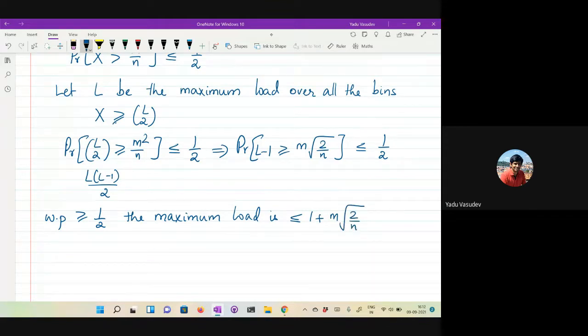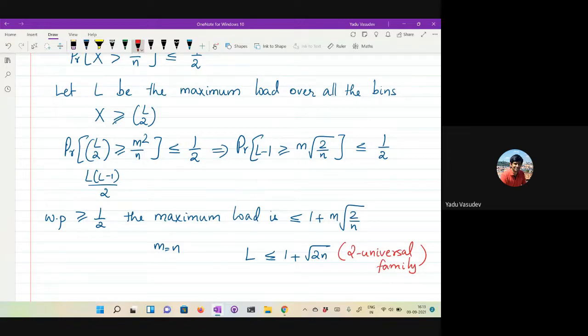For instance, in the case when m is equal to n, this gives you that the maximum load is at most 1 plus square root 2n, in the case where we are using a 2 universal family. In particular, if I want to use hashing with chaining, the analysis we did for balls versus bins was for a completely random hash function, and it told you that chaining is fairly good because it gives a worst case complexity of log n over log log n.